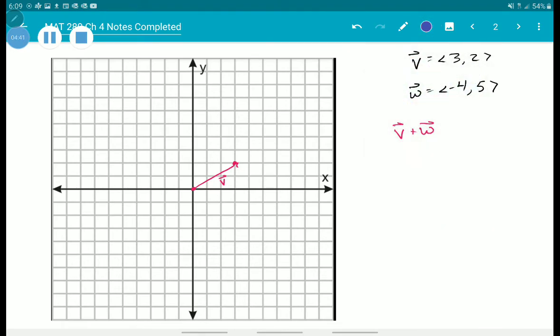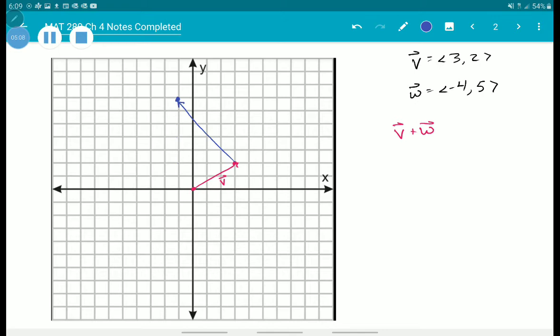W is going to move -4, 5. So I'm going to treat where v ends kind of like a pseudo origin, and then I'm going to move left 4 and then up 5. So there's my w. V is going in a northeast direction. W is going in a northwest direction.